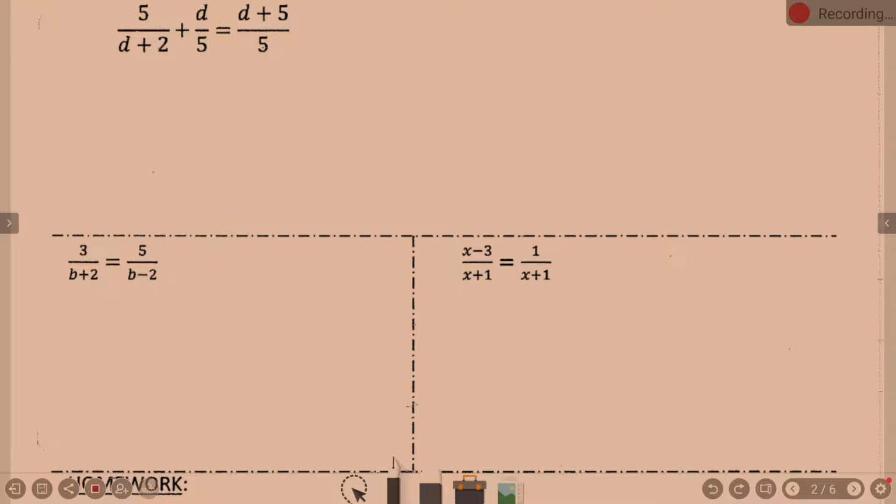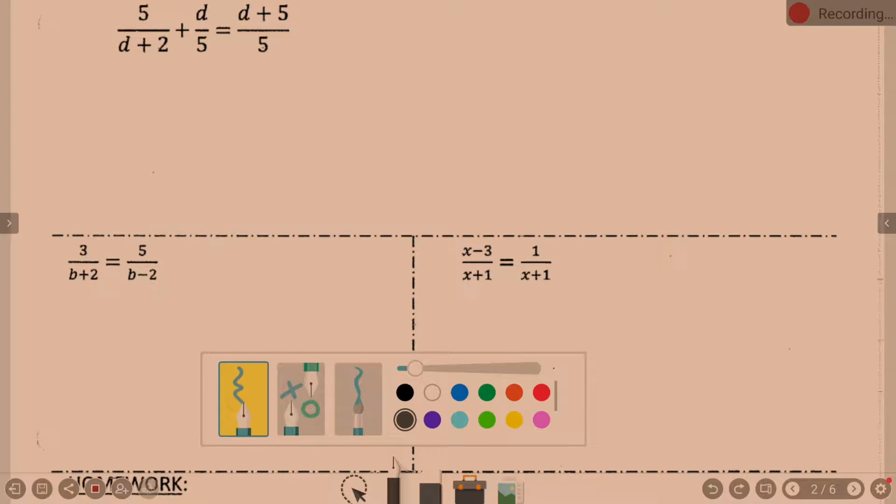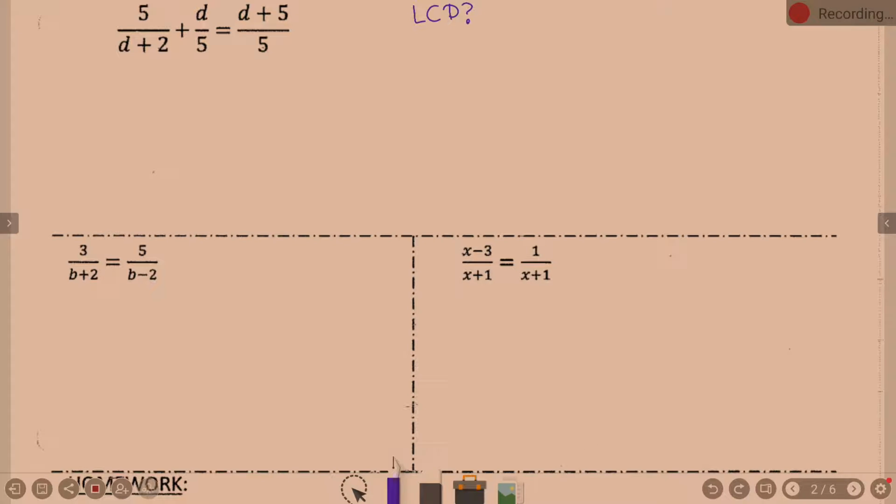Okay, 5 over d plus 2, plus d over 5, equals d plus 5 over 5. A little bit different of a problem here. My first question, though, is still least common denominator, because that's what we're going to multiply by.